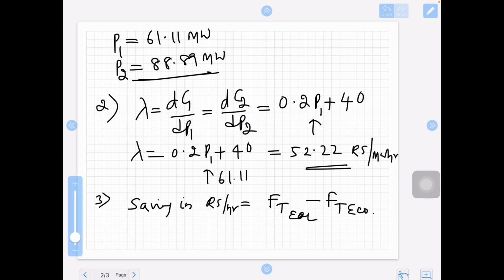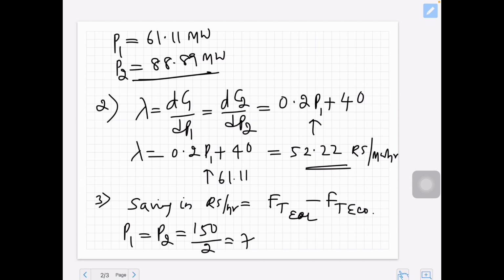Equal load sharing means both generators take half of the load. The load is 150 megawatts, divided by 2 is 75 megawatts. So here for equal load sharing P1 and P2 are 75 megawatts. For economic scheduling we know P1 and P2.